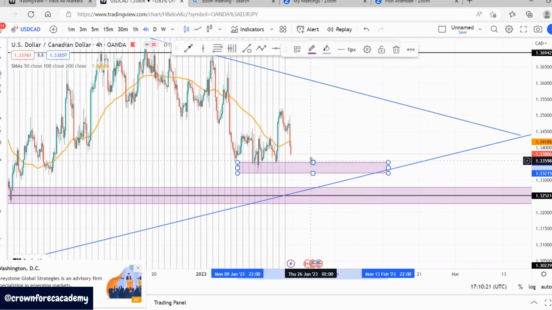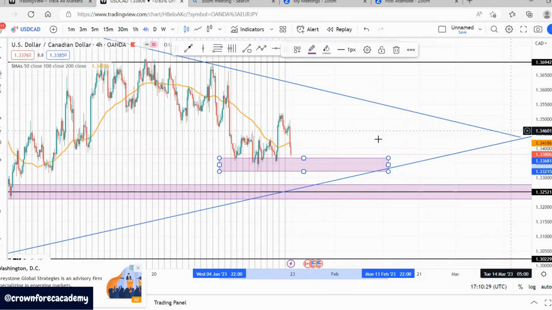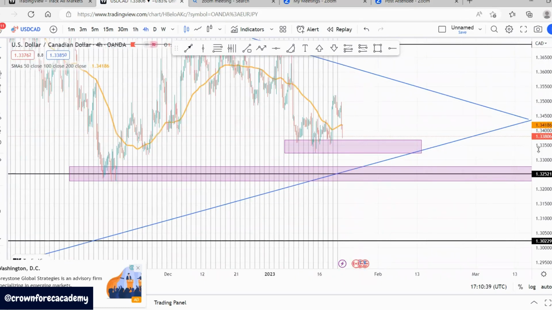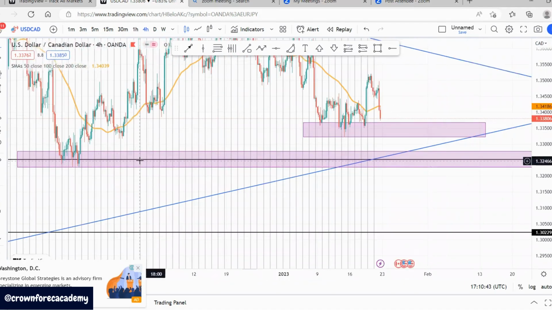The liquidity started from here. As you can see, the market has already tested this 1, 2, 3, 4 times. So there's a high possible tendency that the market would actually not respect this zone. So I won't bother myself unless I see all my confirmation. As you can see, the market has not tested this zone. We have the trend line.